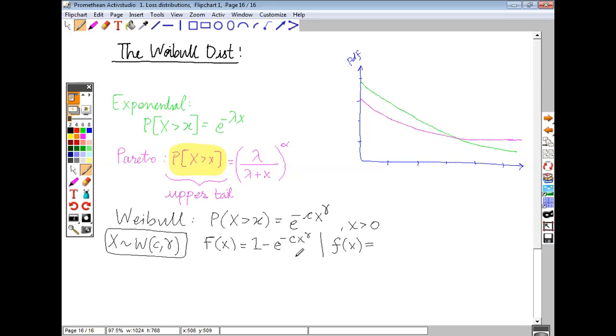So yeah, minus of e to the power minus cx raised to gamma into minus cx raised to gamma into... is it correct? Not quite, right? Or like what will happen to the x raised to gamma? Will we multiply it again? x raised to gamma minus 1.